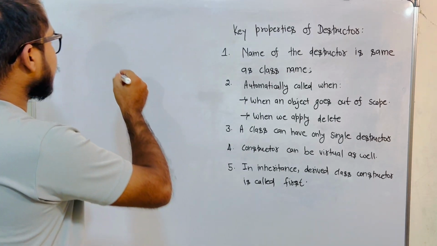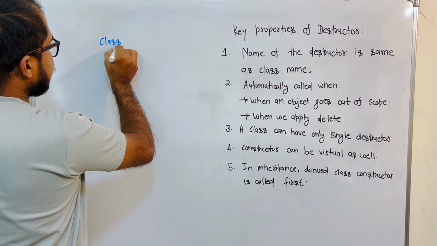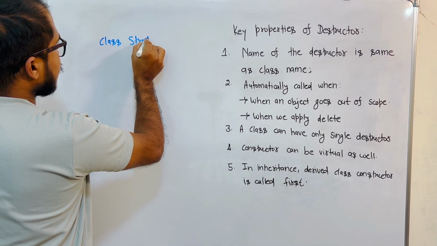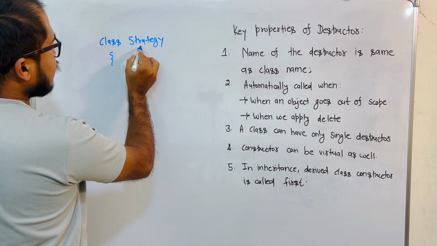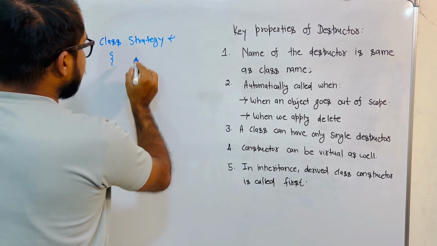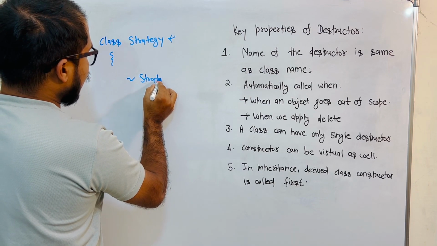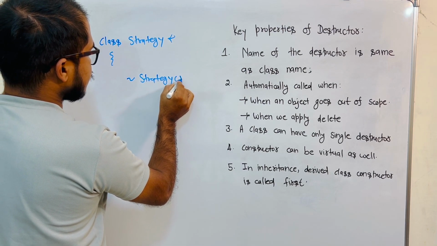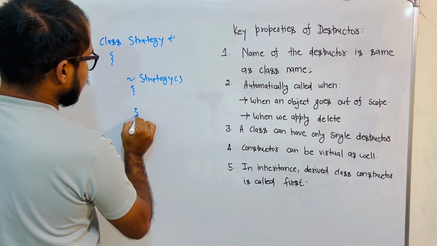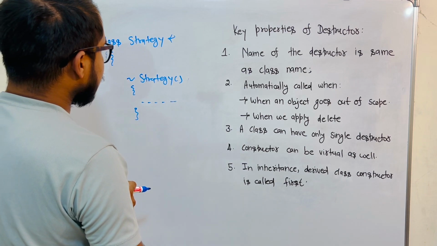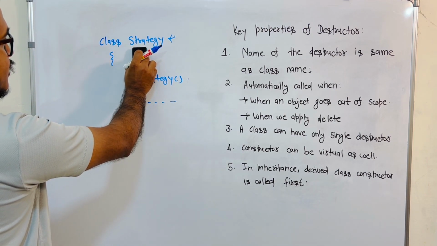For example, let's say this is my class strategy, and I want to have a destructor for this class, then the destructor for this class will always be like this, and it can have its own logic or implementation, but the destructor name will always be the same as the class name.